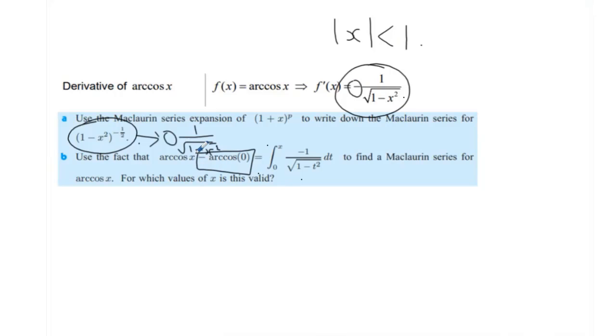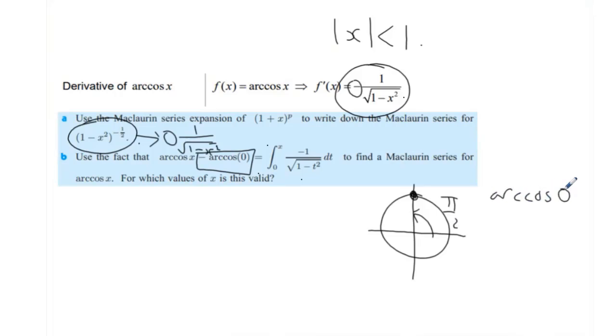Arc cos 0, basically for what angle is cos of the angle 0. So if we just draw a circle, cos of pi by 2 equals 0. So that means arc cos 0 equals pi by 2.